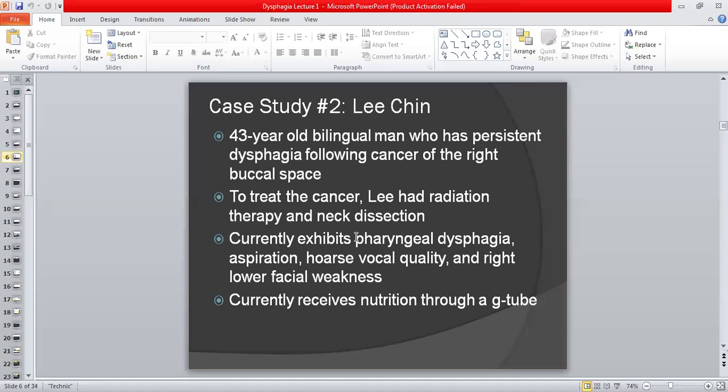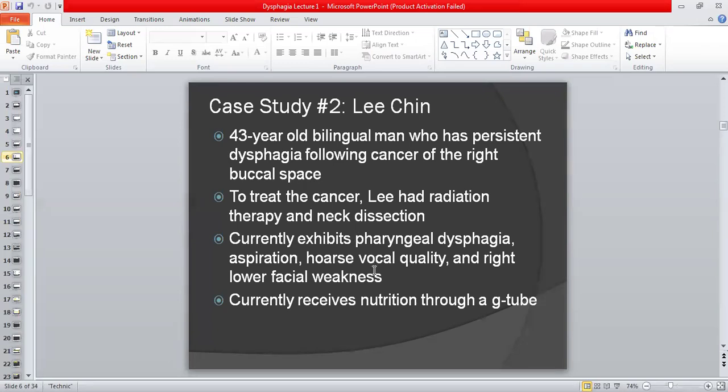As I told you previously, aspiration is something penetrating below the vocal cords. So usually, as we swallow, nothing goes below the vocal cords. But in cases where the physiology is compromised, the food might travel into the windpipe, causing aspiration.